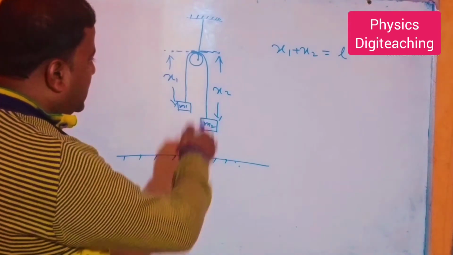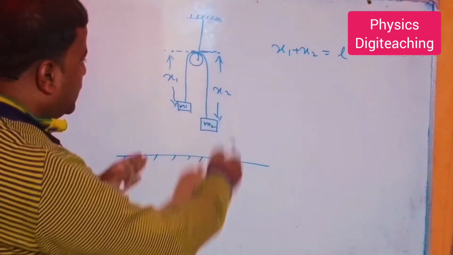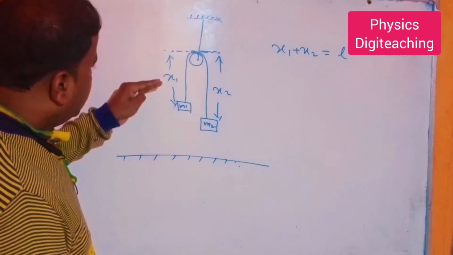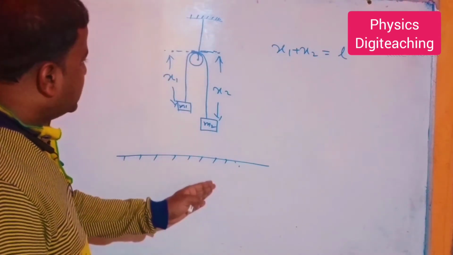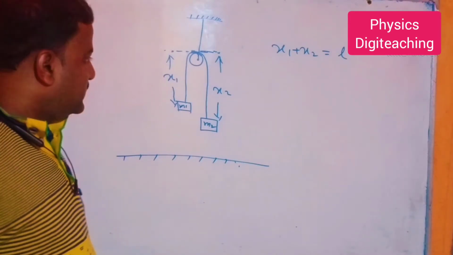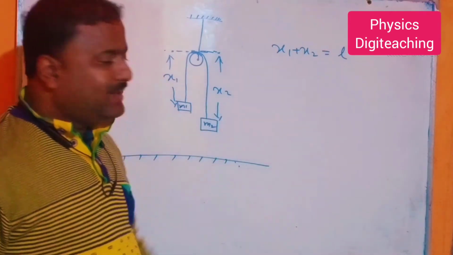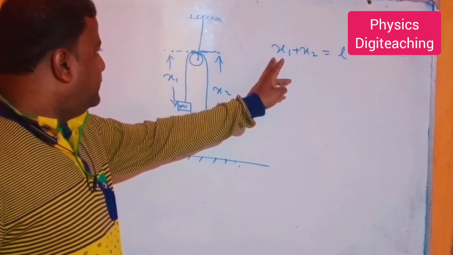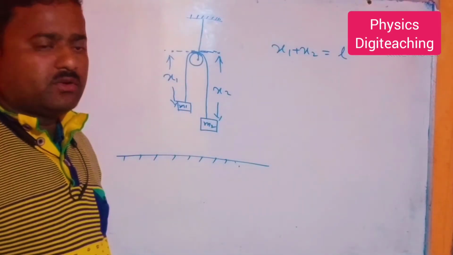M2 and M1 are moving upward and downward. When M1 moves, x1 decreases and x2 increases. That is, x1 and x2 are two variables here, but L is constant. That is, x1 plus x2 is always constant.